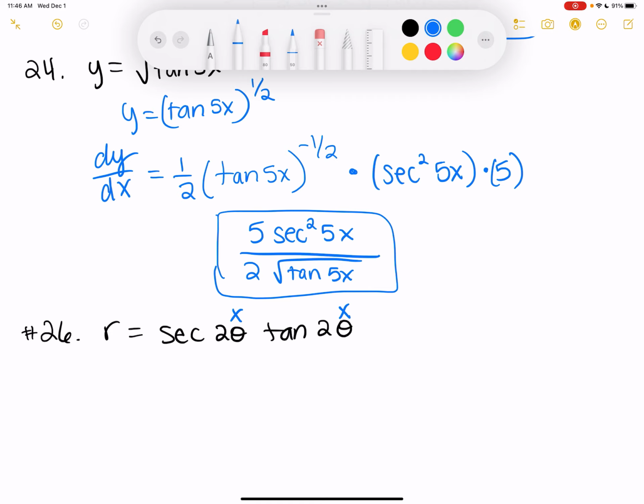So dr d theta is equal to, so I've got a product rule, and then inside of that I've also got the chain rules that are going to happen. So you always start with the product, right? Yes, because by doing the product rule, when you take the derivative of the first, you're going to have a chain rule because of the 2 theta inside.